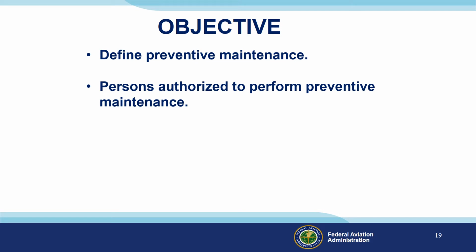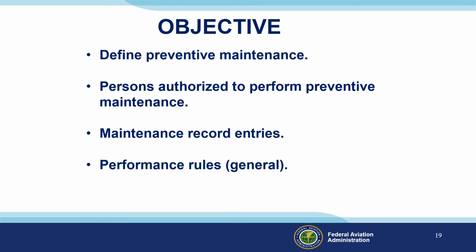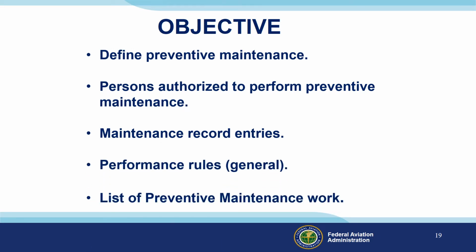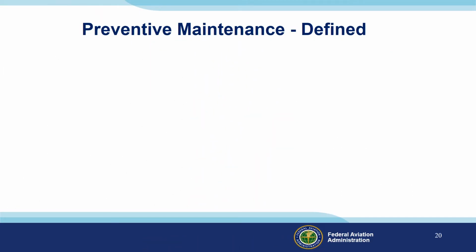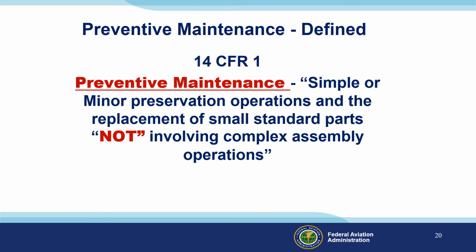So let's look at some objectives. Let's define it. Who is authorized to perform the maintenance? Records and performance rules, and list some examples. Here is the definition of preventive maintenance under 14 CFR Chapter 1, Definitions.